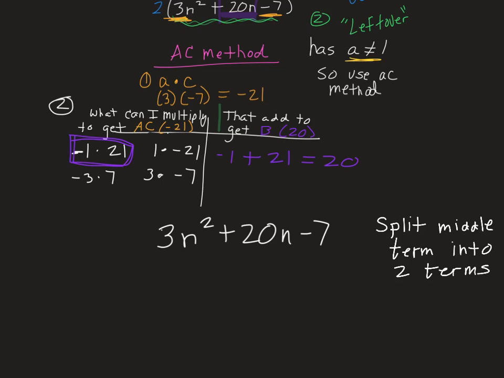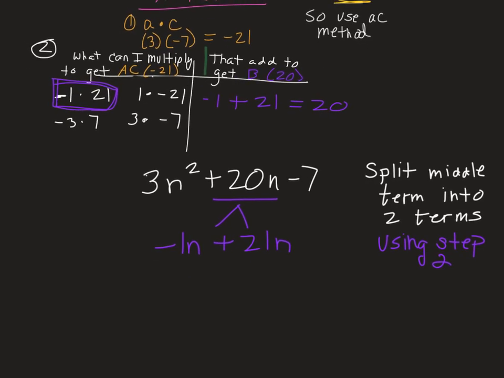So I'm going to take this 20n and I'm going to use the numbers from step 2. So that negative 1 and that positive 21 are what I'm going to use to break that 20n into two pieces. So that 20n is now going to be broken up into negative 1n plus 21n.